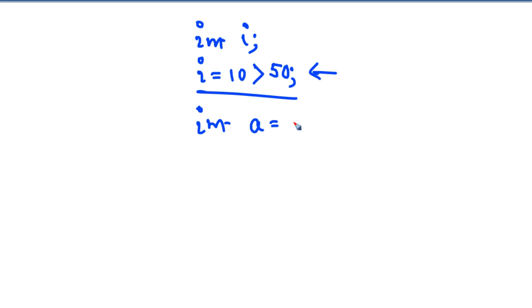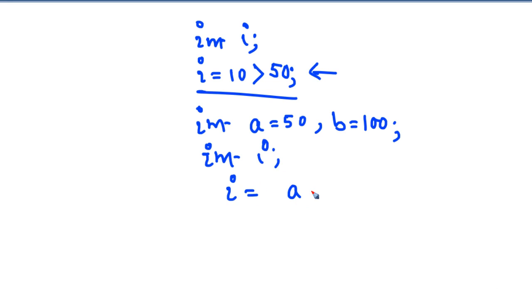Say we have a variable A that's initialized with 50 and B that is initialized with 100, and I am having some other variable I, and I am doing something like this: I = A == B. Now this equals to operator tests whether the operands on both sides are equal or not.